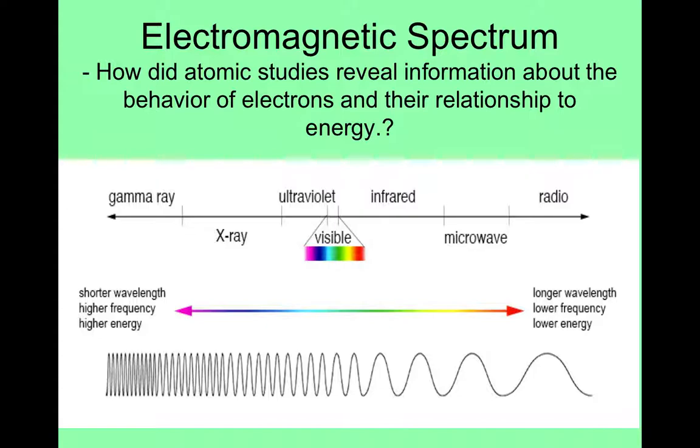So that means that there is a higher frequency, or number of up and downs per distance, right to left. There's also going to be a shorter wavelength over there. The wavelength is looking at the distance from peak to peak, so to speak. So on the left side, the peaks are very close together. As you move to the right, the peaks are much further apart.